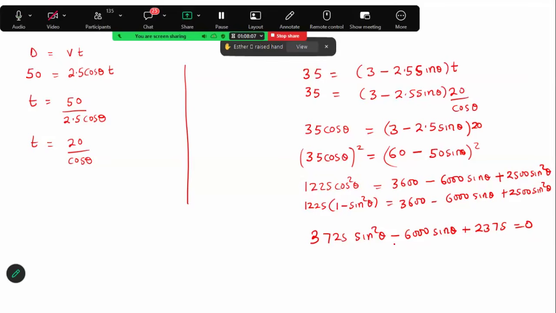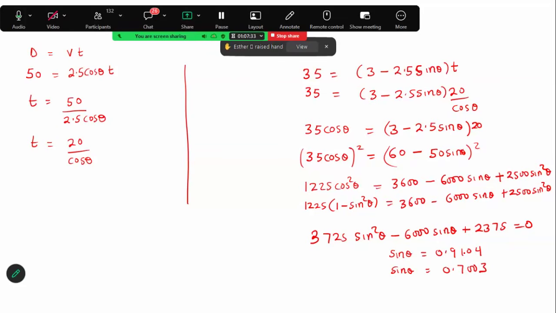So when you solve this, let me solve it and we see what we get. So when we solve it, I have 3725, negative 6,000 and then 2375. When I solve it, I'll have my sine theta equaling 0.9104. Then the other one, sine of theta, will equal 0.7003.